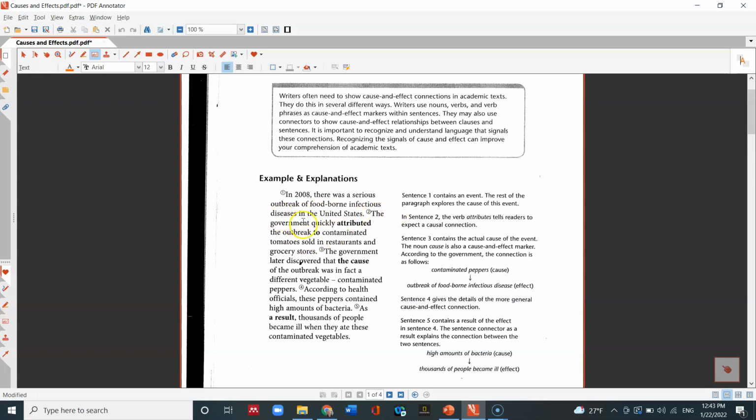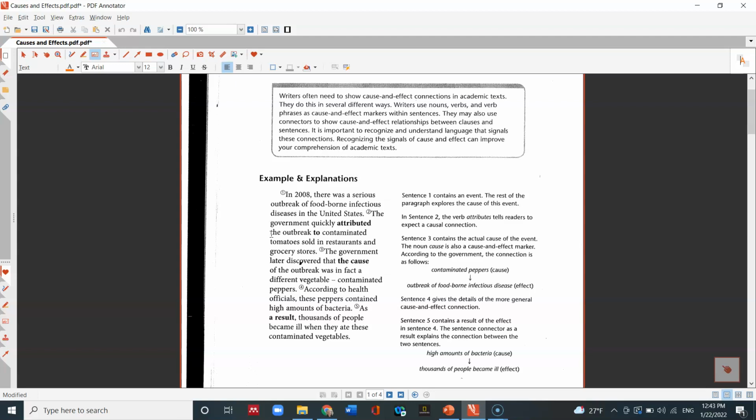Number 2, the government quickly attributed the outbreak to contaminated tomatoes sold in restaurants and grocery stores. So attributes tells us there's a cause or effect. What does attribute mean? Attribute means to say that something caused something else.